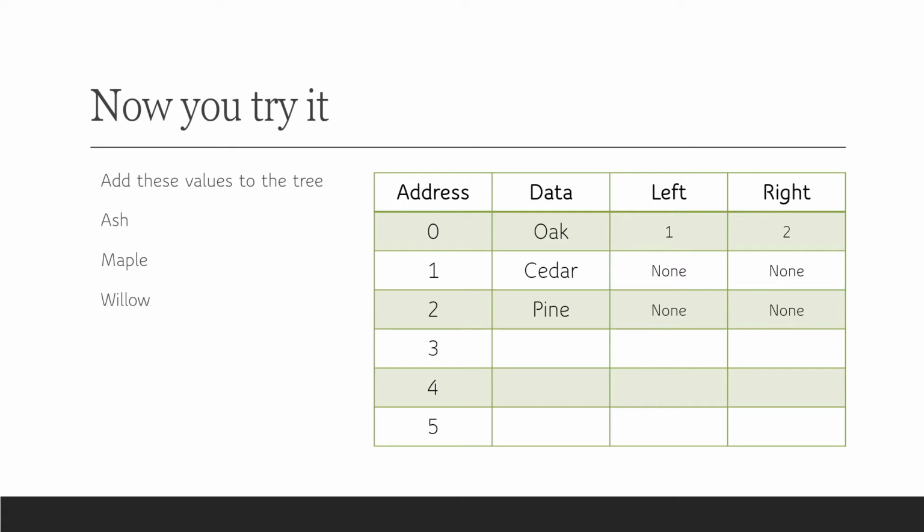So pause the video now. Do that just on a bit of paper. You can draw the tree if you want to, and that might help you to put the pointers right. Okay, so on the next slide I'll show you the answer. So stop the video, do the work.